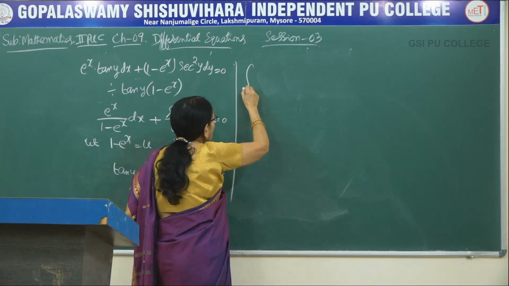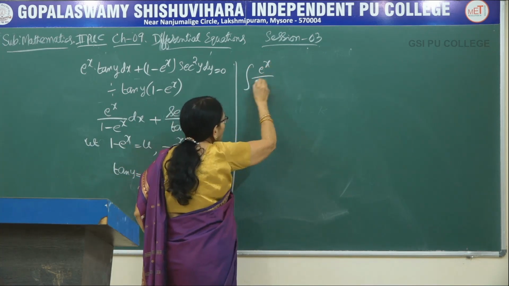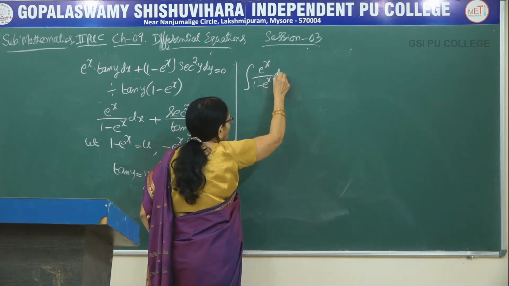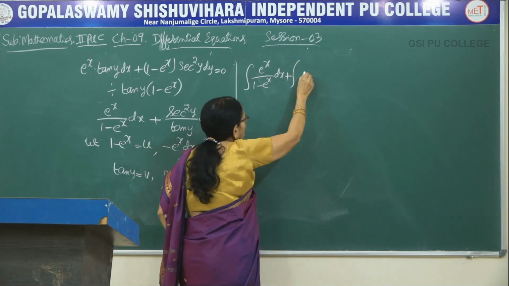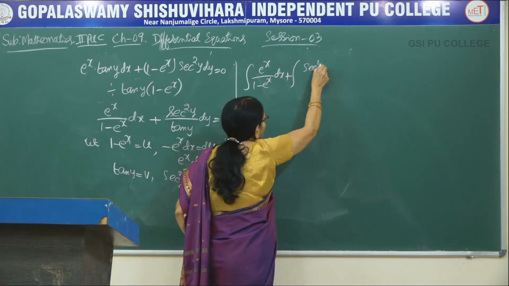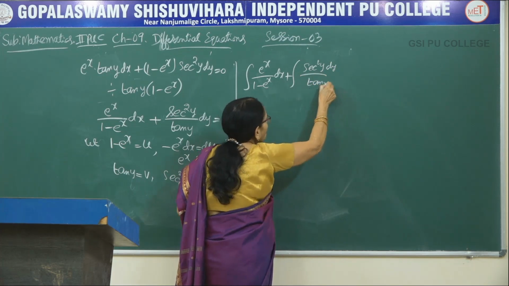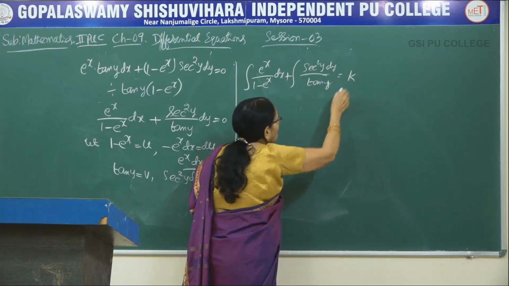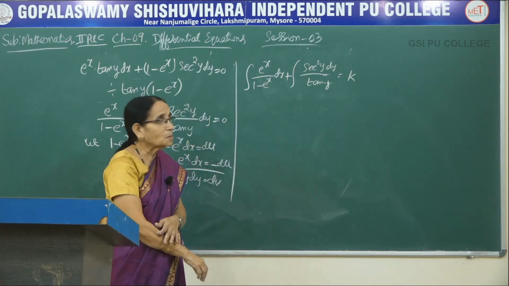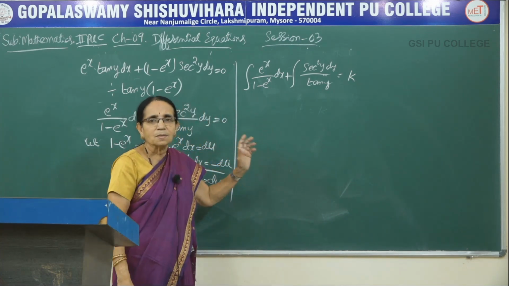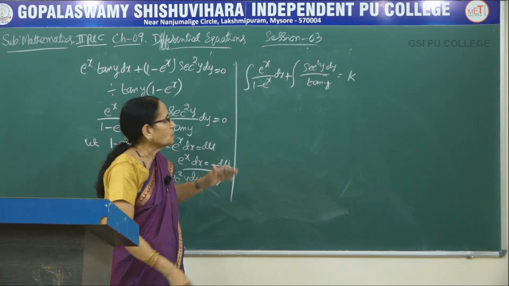Let me use the integral sign. Integral e power x over 1 minus e power x dx plus integral secant square y into dy divided by tan y. Here also I am taking the constant to be equal to k. The reason being, you observe in both the cases again we are getting a logarithmic function.